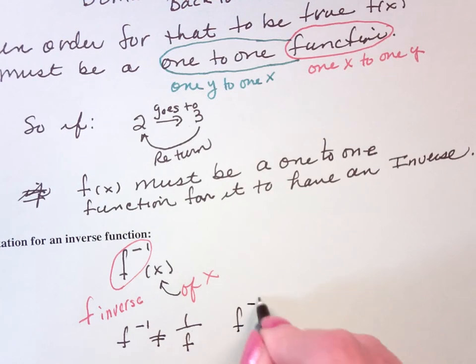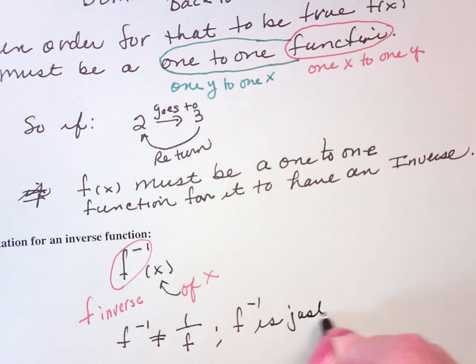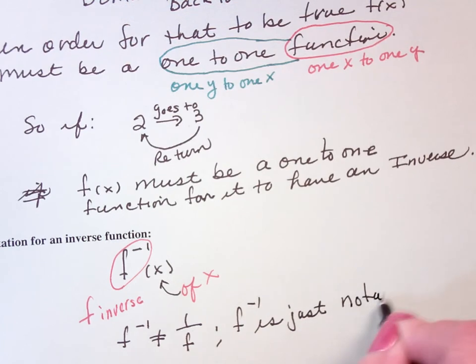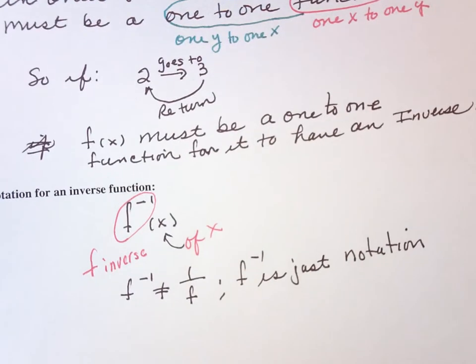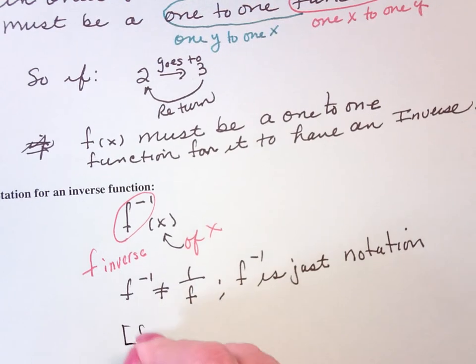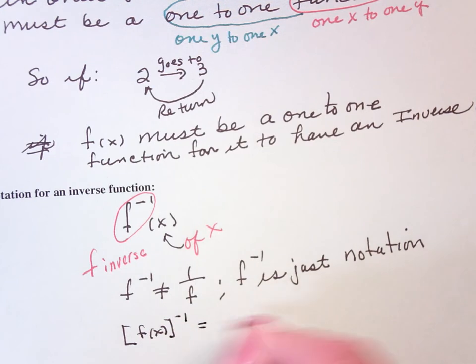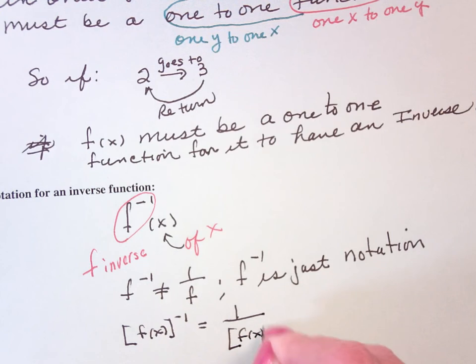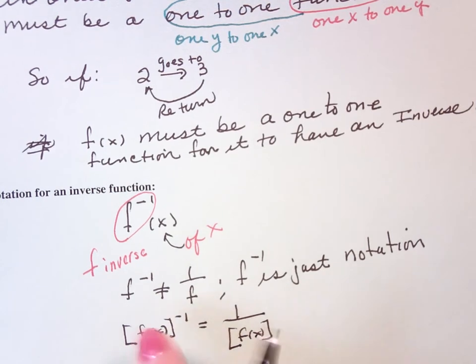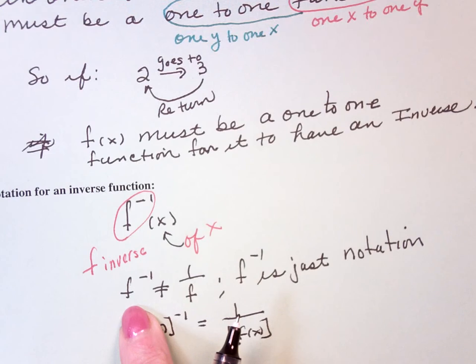F to the minus 1 is just notation. F of x, the whole thing, to the minus 1 is 1 over f of x. But just having f to the minus 1, that's just notation telling you it is the inverse.